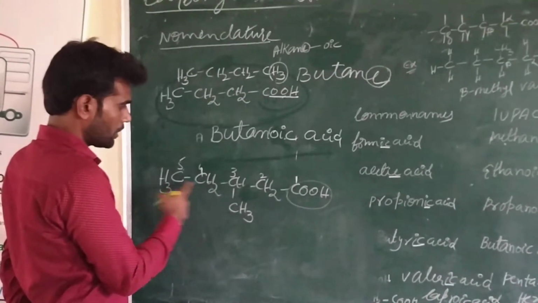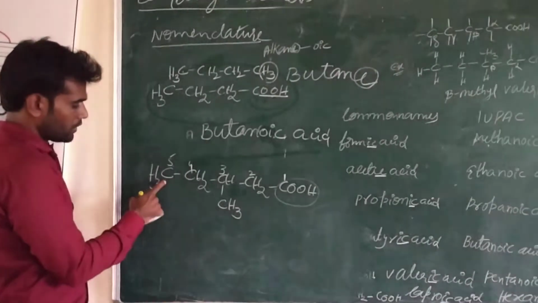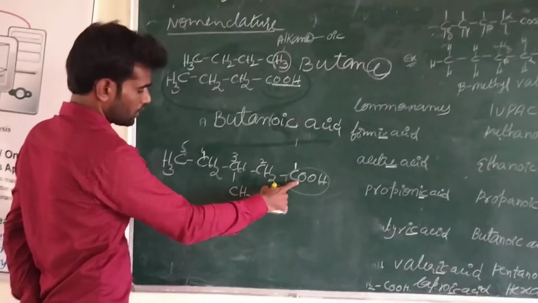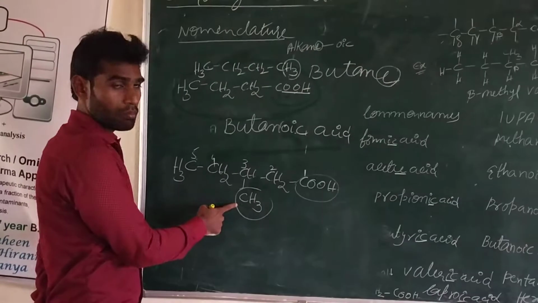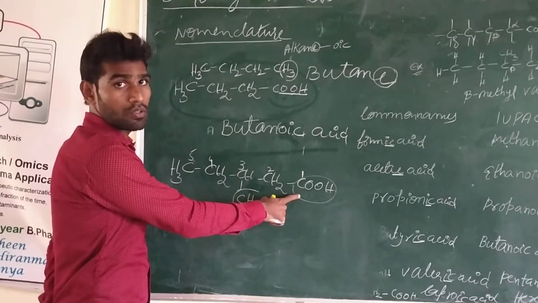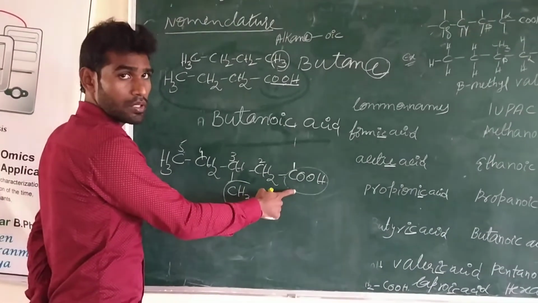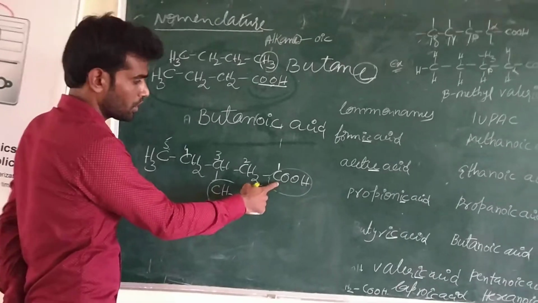If you start the numbering from this side, 1, 2, 3, 4, 5, even though the methyl group gets the third position, the carboxylic acid gets the fifth position. We should not write like that. Carboxylic acid is the main functional group, so that's why we should give the least number to the carboxylic acid.